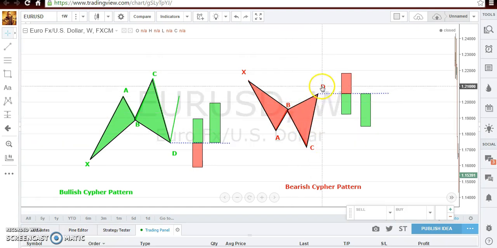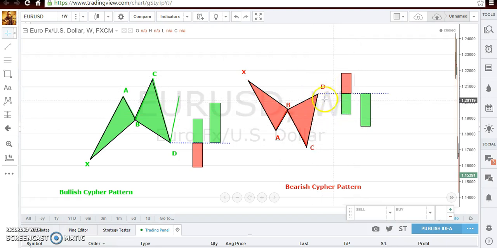And once the market comes into that point, I usually use the completion of the Cypher pattern in combination with my RSI. So what I will be looking for on my RSI is some sort of bearish divergence, or I'm going to be looking for my RSI to be oversold, because that gives me an extra confirmation. That's the extra 10% that I need.